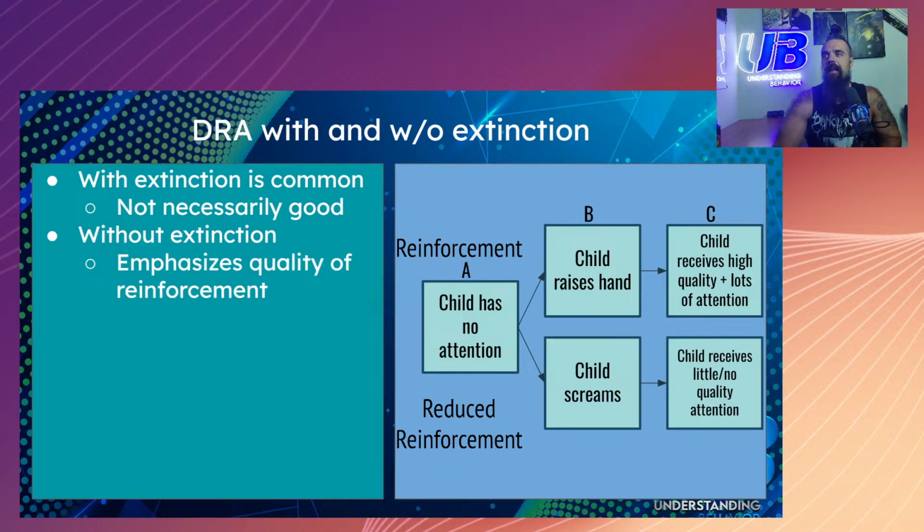And here's how we would do DRA without extinction. So instead of just having reinforcement versus no reinforcement, what we're going to do is have high quality, lots of reinforcement versus a little lower quality reinforcement for our problem behavior or behavior reduction target. So if we look at our diagram now, we have the child has no attention. If they raise their hand, they're going to receive a lot of attention. It's going to be very high quality attention.